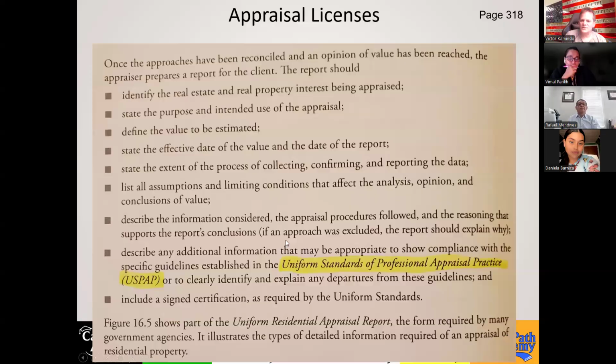Now, appraisers need to take that 15-hour National USPAP course every 2 years, right? So on page 318, Uniform Standards of Professional Appraisal Practice, that's USPAP. That's that 15-hour national course they need to take every 2 years.